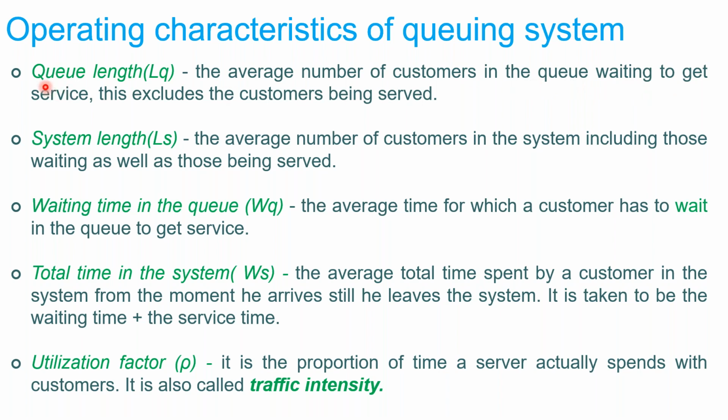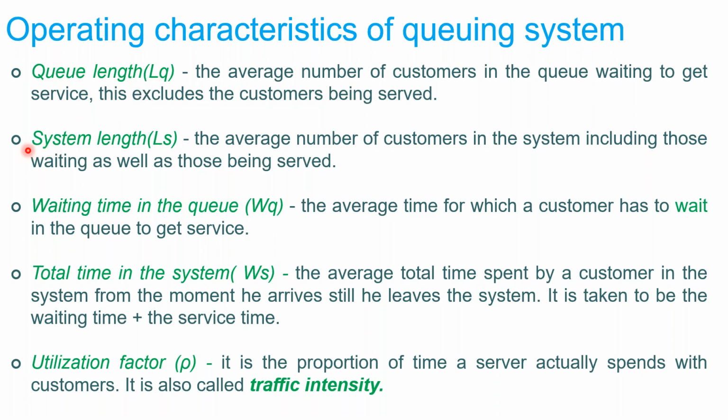So this is the average number of customers in the queue. The average number of customers waiting in the queue line is called queue length, which is denoted by LQ.